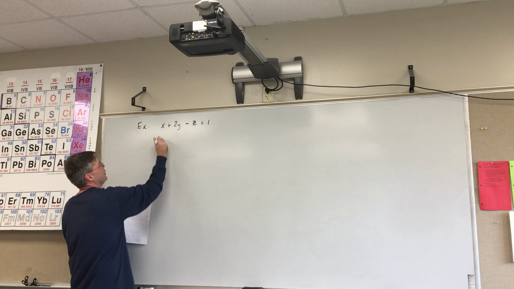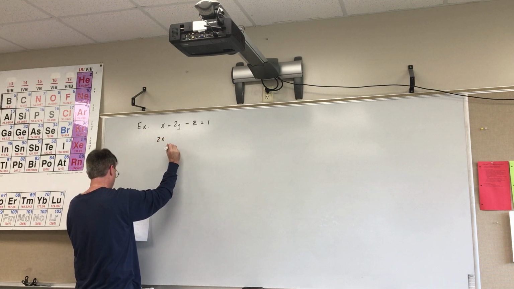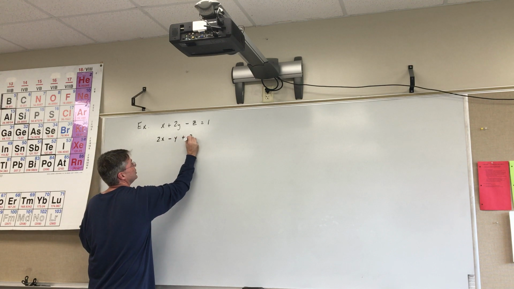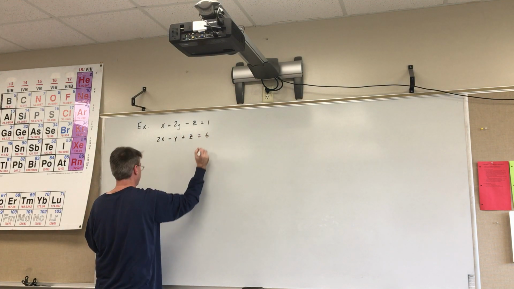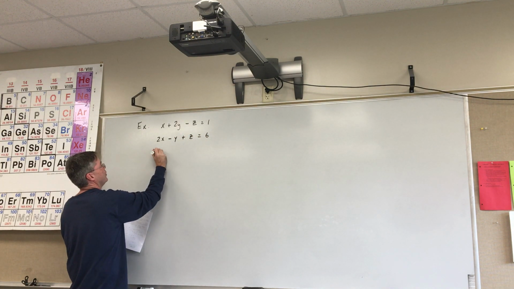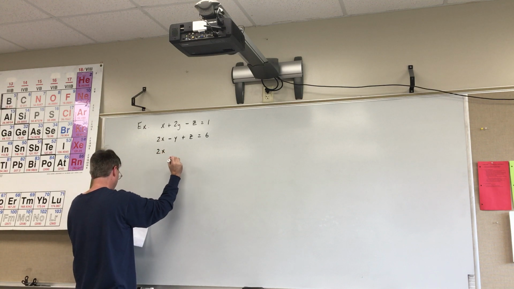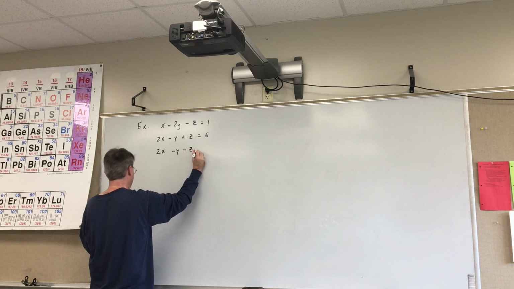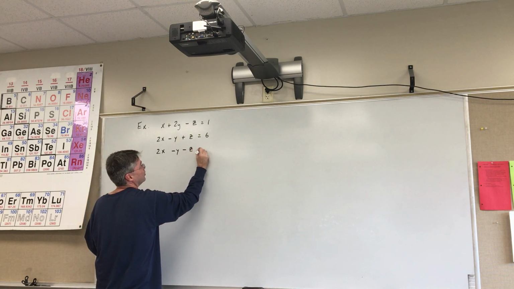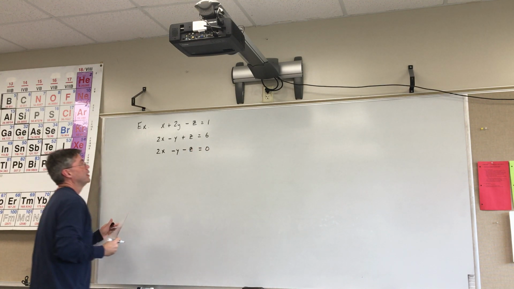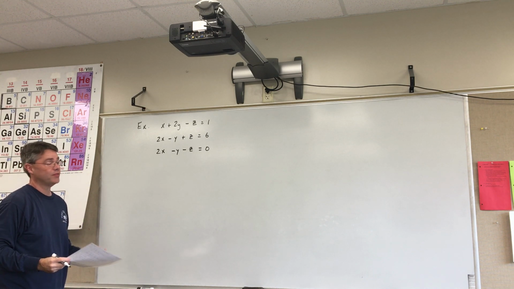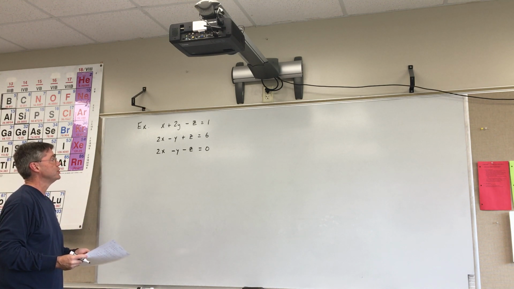The second equation, we have 2x minus y plus z is equal to 6. And our third equation, we have 2x minus y minus z is equal to 0. And we want to get a value for x, y, and z that satisfies all those equations.